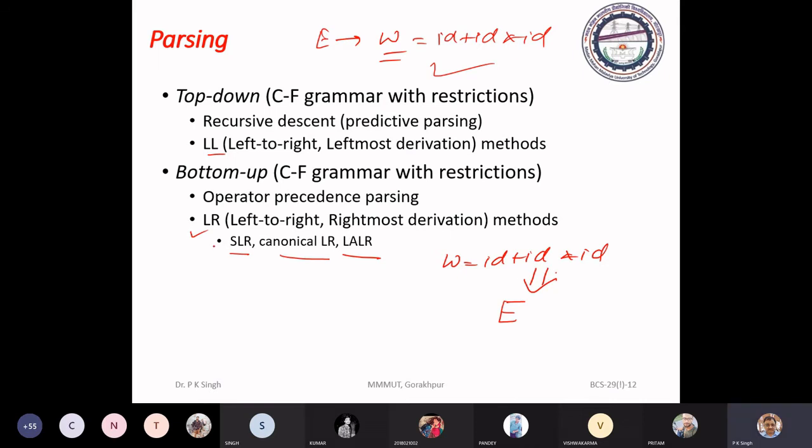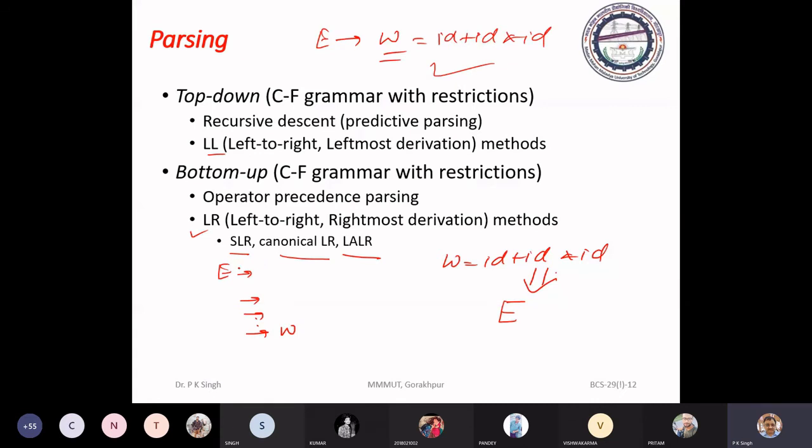Means actually in top-down parsing, we start from the start state, and finally we will get this.